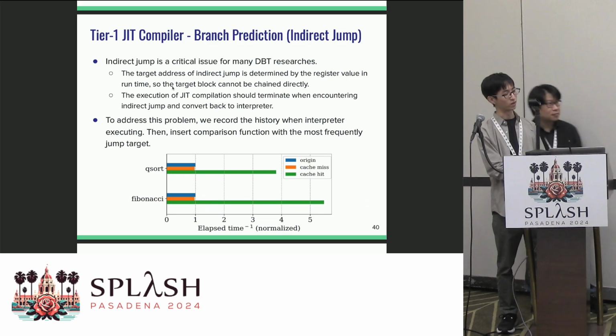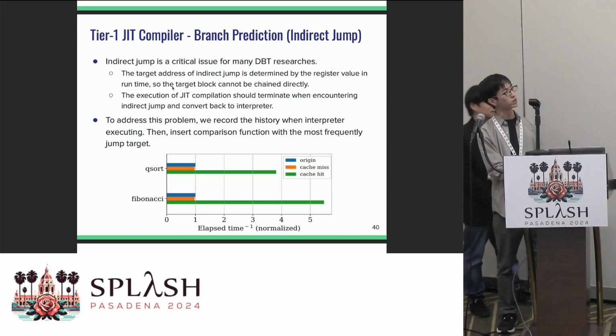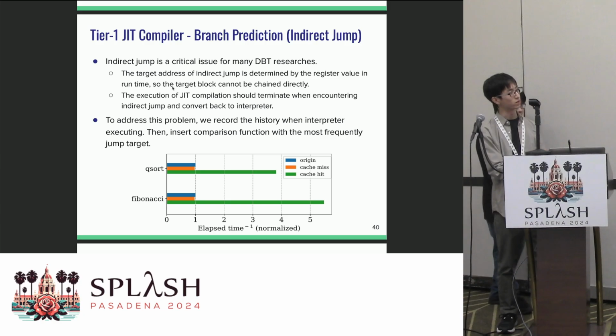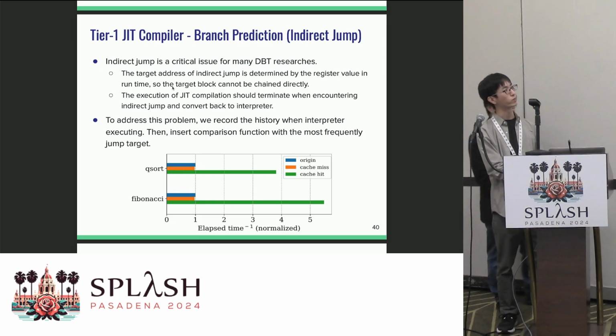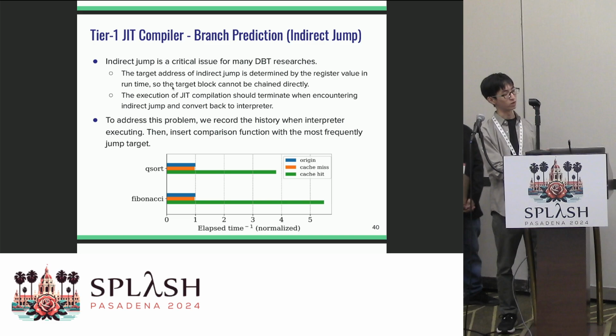Okay, we introduce another technique to do the branch prediction to solve the indirect jump problem in dynamic binary translation.